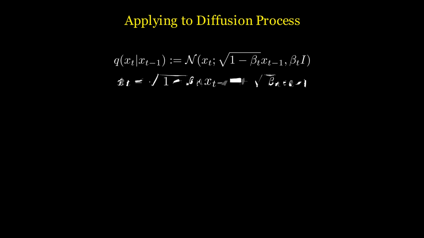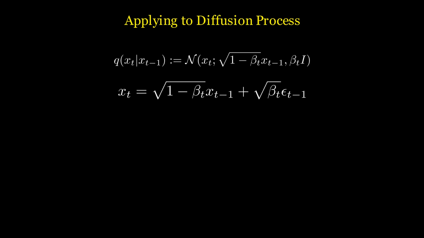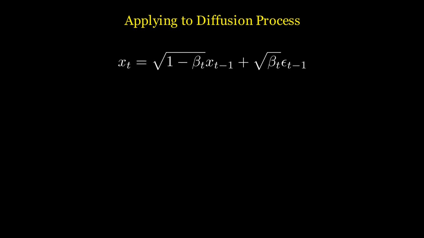This simple transformation is the key to everything that follows. Let's apply this to our diffusion process. Starting from the definition of the forward diffusion, as we just saw, we can write xt in its reparameterized form. Now let's introduce alpha t, which equals 1 minus beta t. This substitution will make our equations cleaner.